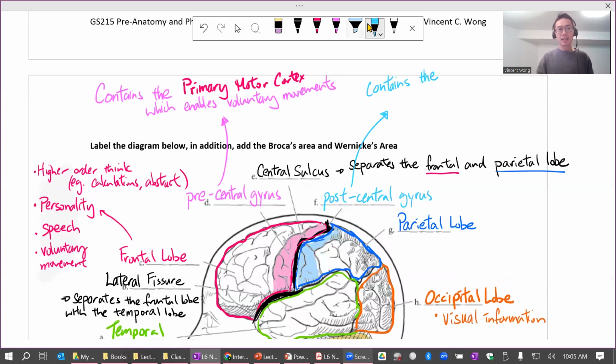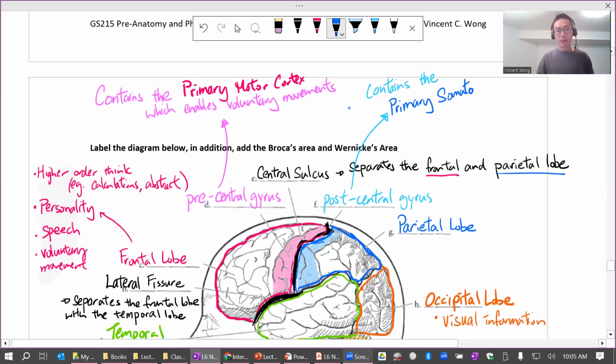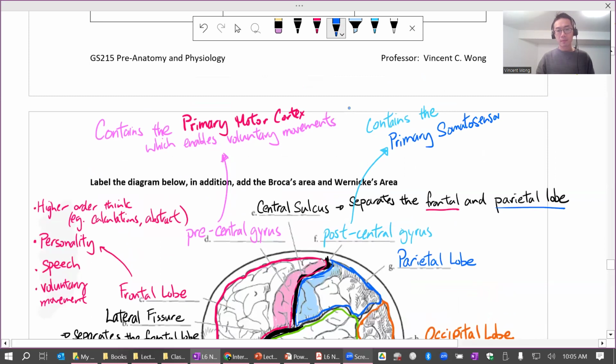Okay, this one contains the, what does it contain? It contains the primary somatosensory cortex, which allows sensation from skin.